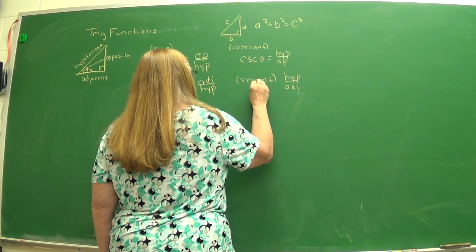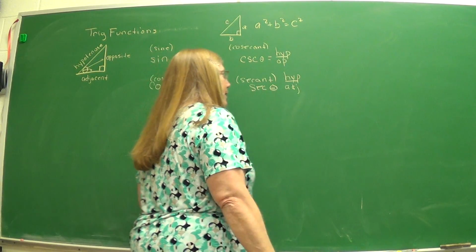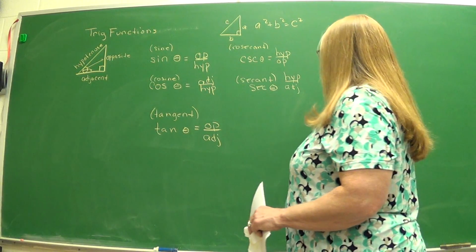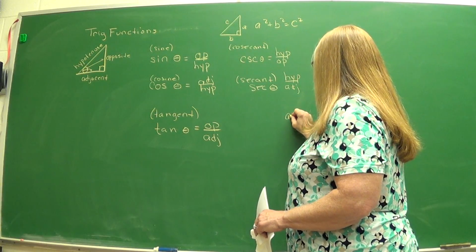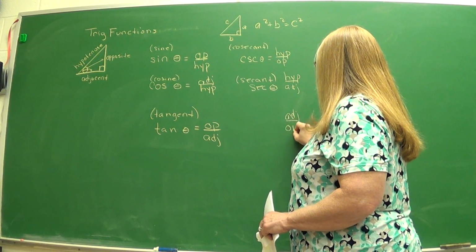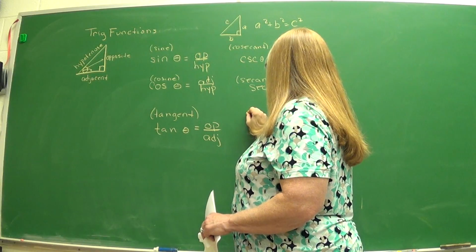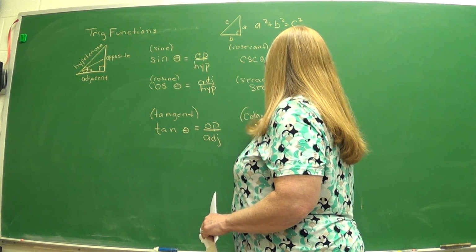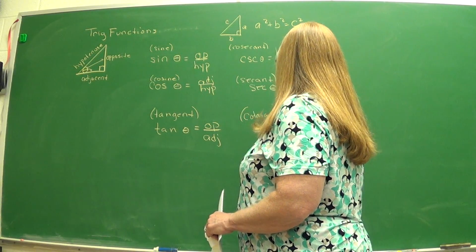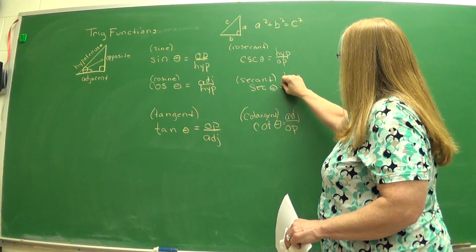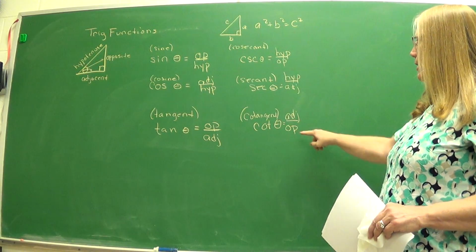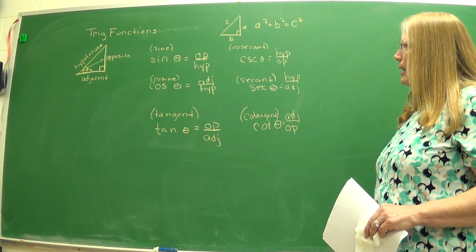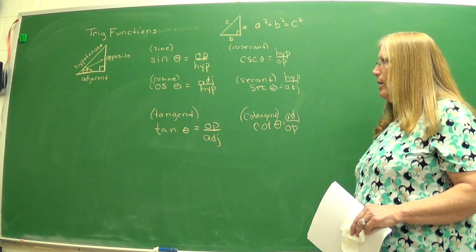Its abbreviation, secant theta, SEC. And lastly, if you flip tangent on its head, you get adjacent over opposite. And that is called cotangent. We're going to use the symbol cotangent theta equals adjacent over opposite. So, sine, cosine, and tangent, cosecant, secant, and cotangent.